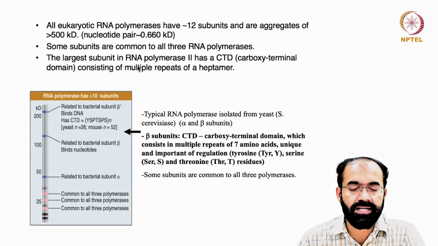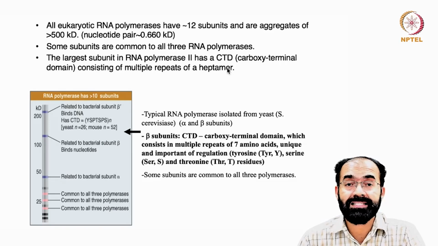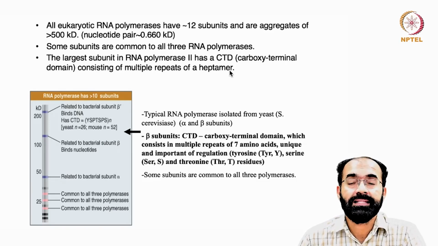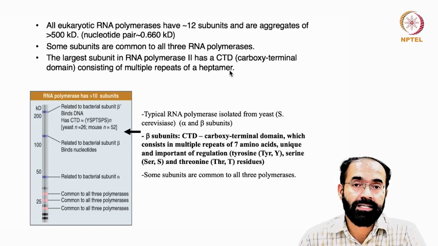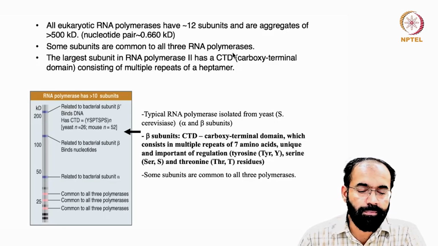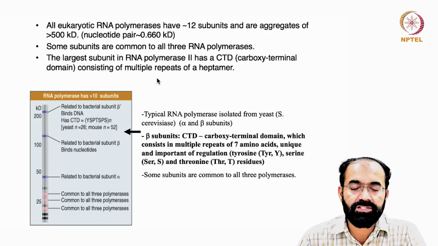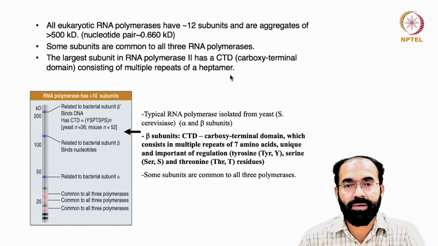The largest subunit in RNA polymerase 2 has a C-terminal domain, and we were talking about the kinase action onto the C-terminal domain for the initiation or the movement of the transcription.